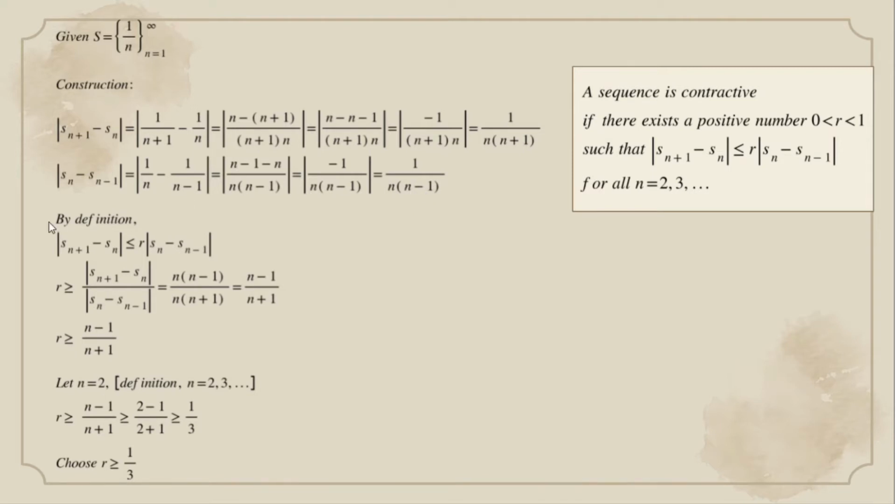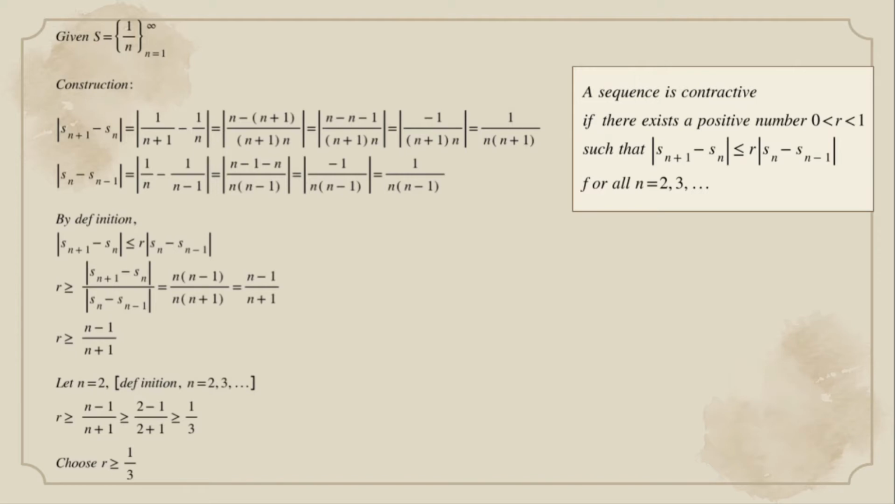So by the definition, we'll try to obtain the r value by dividing the first term by the second term, and we'll obtain r greater than or equal to n minus 1 over n plus 1. We'll then let n equal 2 because of the definition. So we'll obtain r greater than or equal to 1 over 3, and we will choose r equal to 1 over 3.